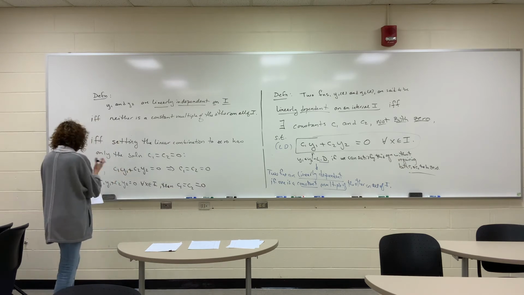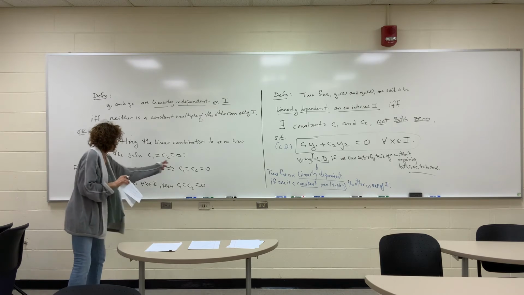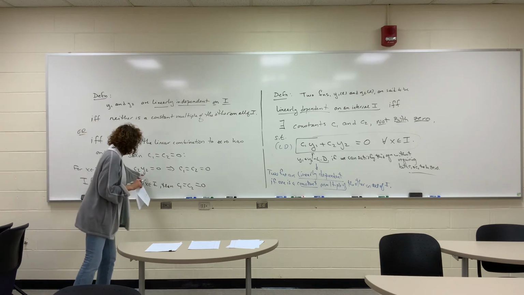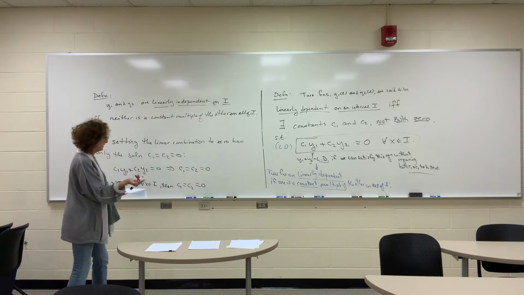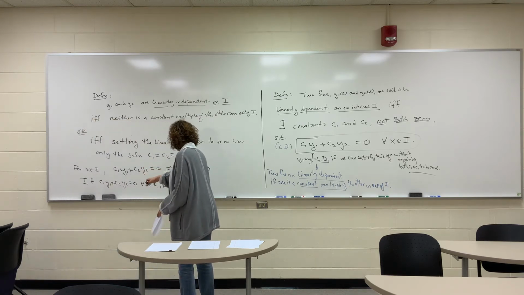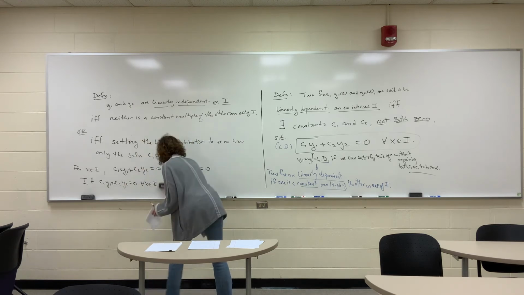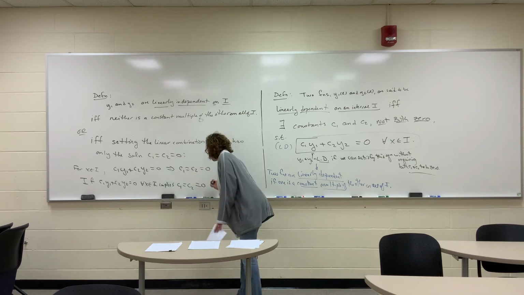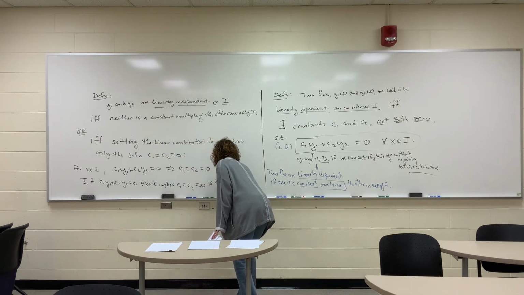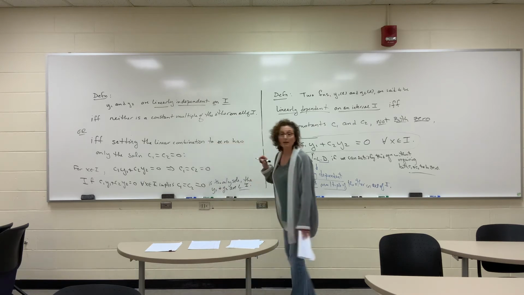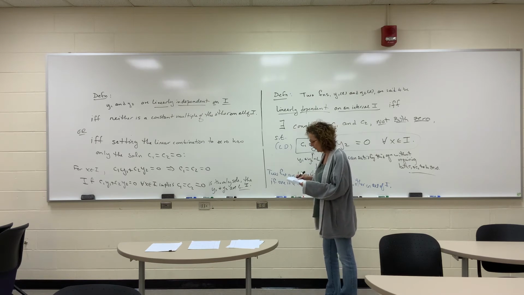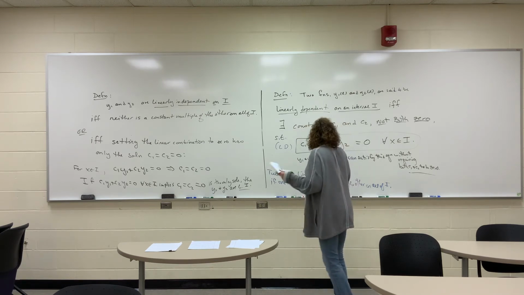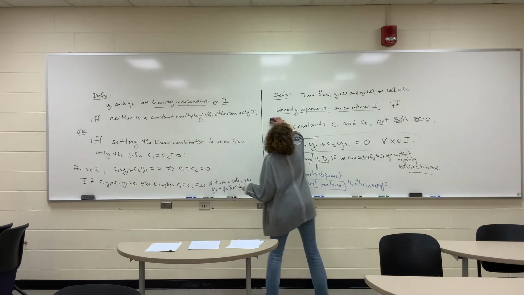It doesn't really work that way, though, because that would be too many thens. So we'll say it like this: if that equals 0 implies that C1 and C2 have to equal 0 is the only solution, then y1 and y2 are linearly independent. Okay, let's go do some examples of that.